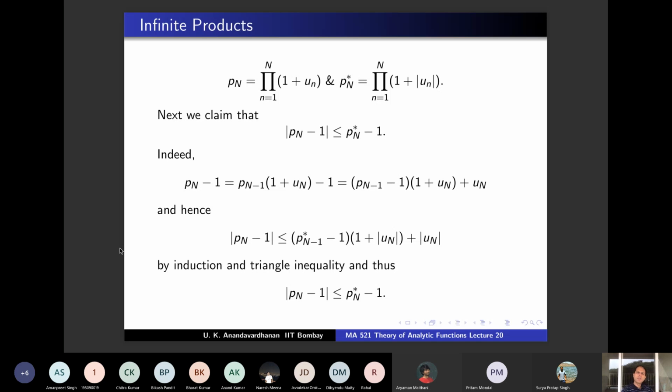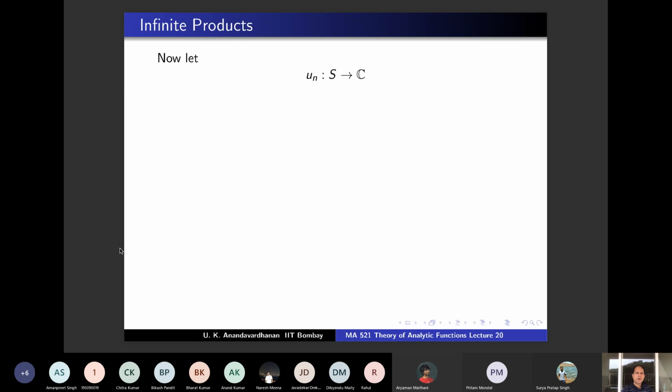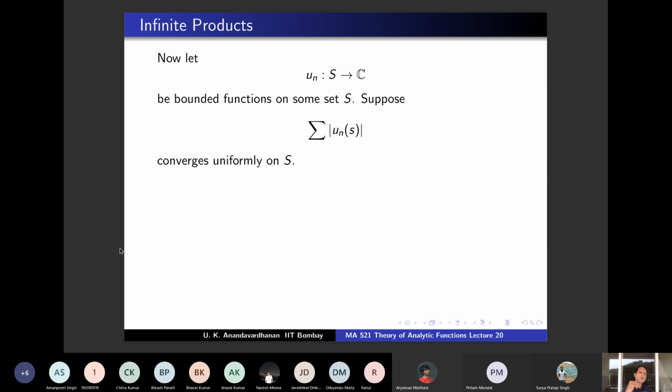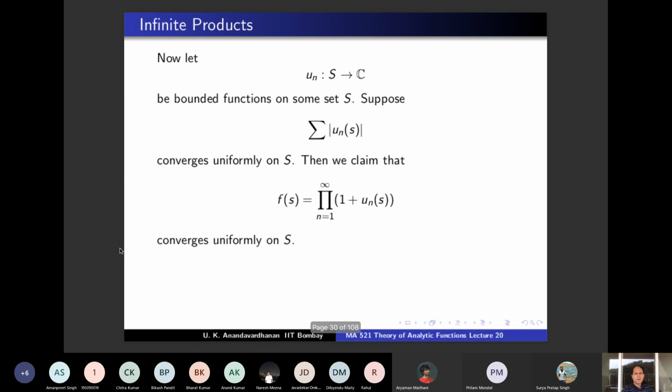Okay, so these are just some inequalities you have observed with complex numbers. Now you consider any set S, not a subset of C or something, some arbitrary set S, and you consider functions un valued in complex numbers, and assume that these are bounded functions on S. Suppose the summation of the absolute values converges uniformly on S. Then the claim is that the infinite product of 1 plus un makes sense.